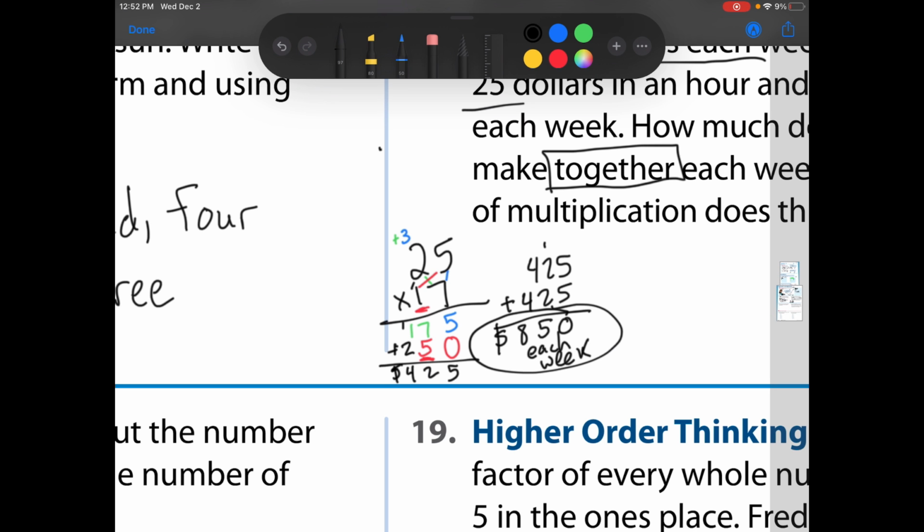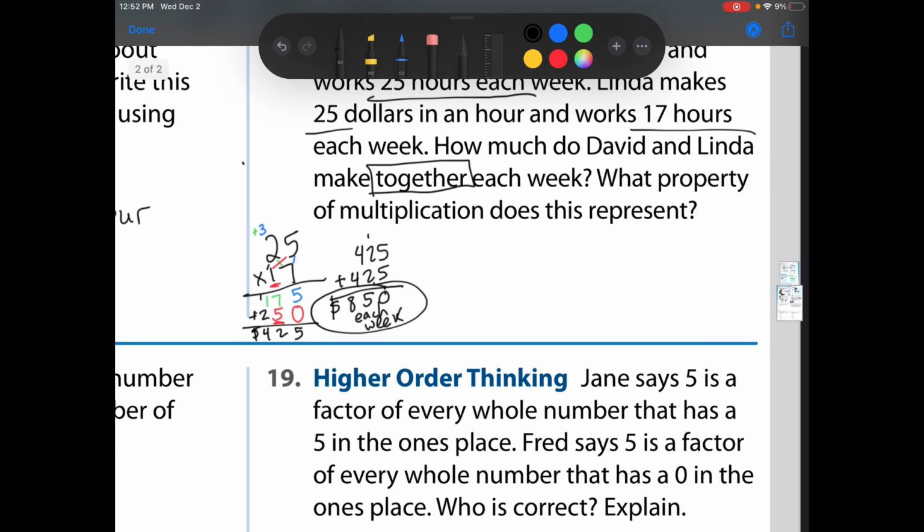Now you might think, good, we're done. But make sure you go back and read the problem. We told how much money they make each week, but now I need to say what property this represents. And remember, we just talked about it. 25 times 17, that's the same as 17 times 25. So what math property says I can flip the order? Well, we have our associative, but that has to do with parentheses and grouping.